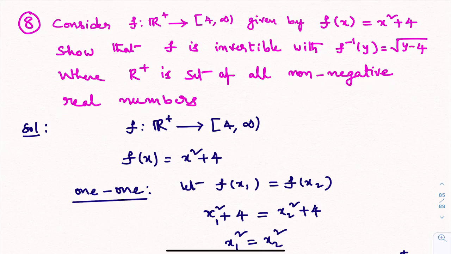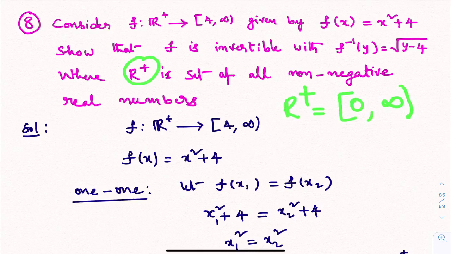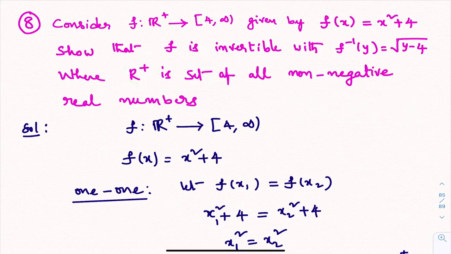That means 0 is not negative and all positive real numbers are non-negative. So here R plus indicates closed interval 0 to infinity. Please try to understand this. 0 is included. That is the main point here. All positive numbers will be there and 0 also will come.